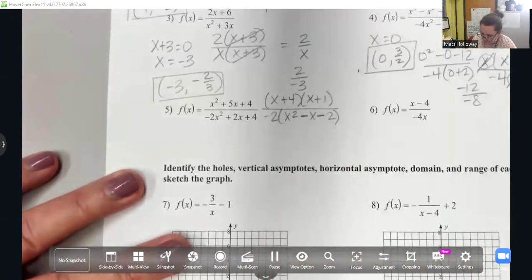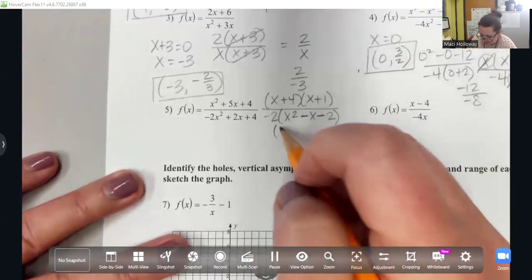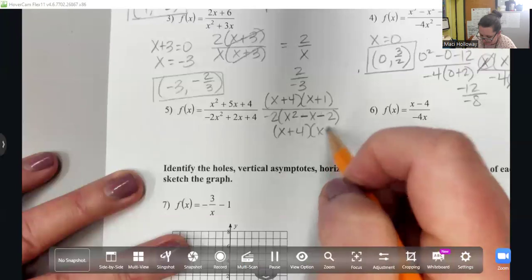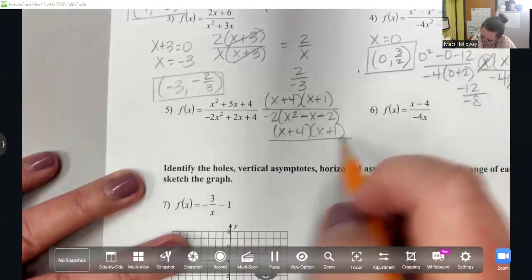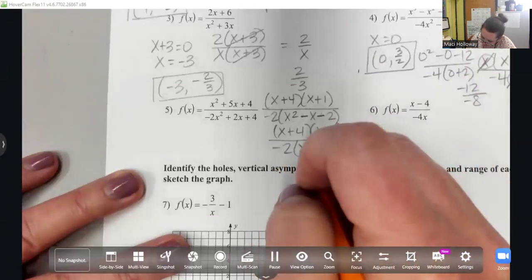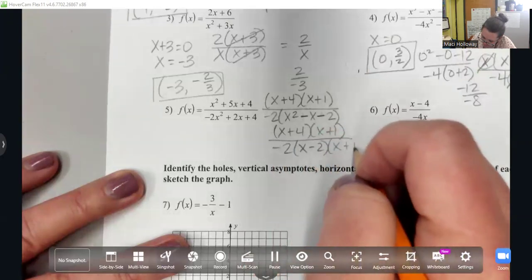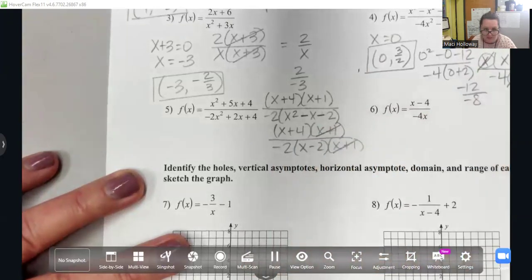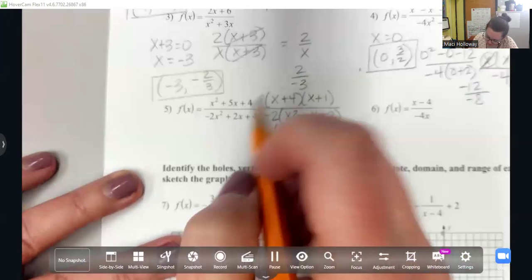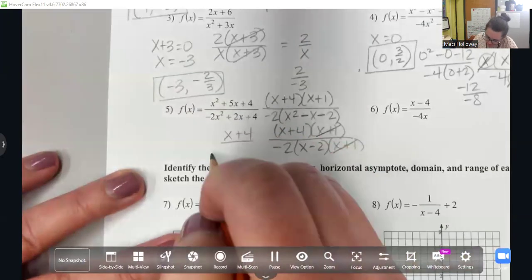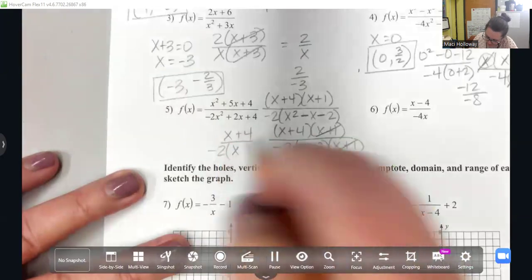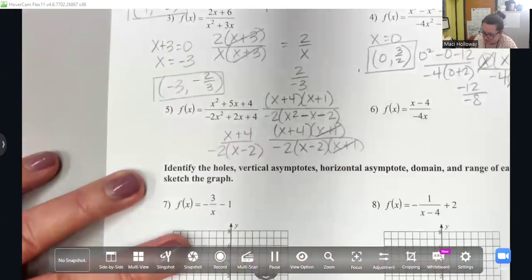Negative. All right, now I'm going to factor the bottom one more time. So we have x plus 4, x plus 1. And then on the bottom, -2, x minus 2, and x plus 1. So our common factor is x plus 1. Simplified form is x plus 4 divided by -2 times x minus 2.